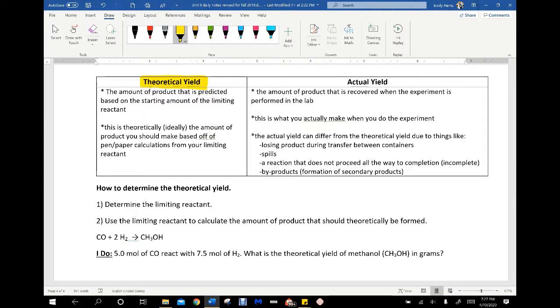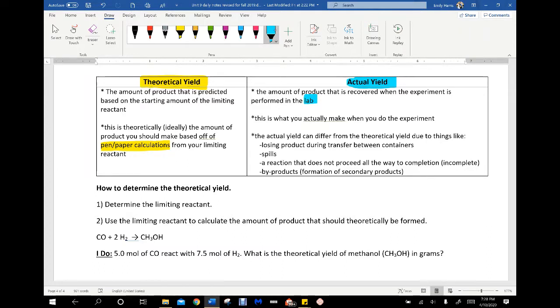If everything was perfect, how much product should you get from your limiting reactant? The actual yield is what actually happens when you go into the lab. It's what you make at the end of the day once you've performed the experiment.